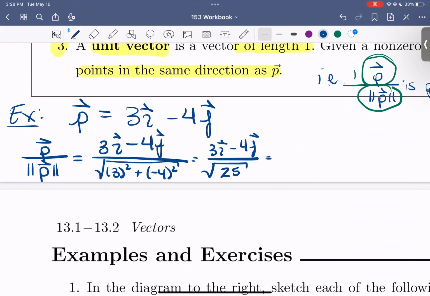So the square root of 25 is just 5. So this becomes 3 over 5 i minus 4 over 5 j.